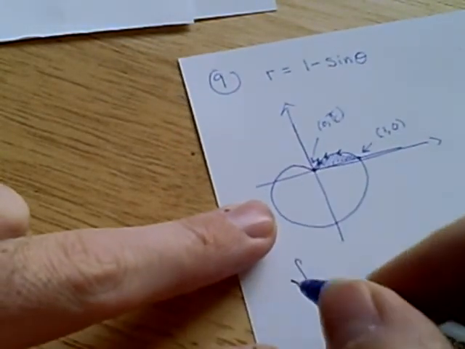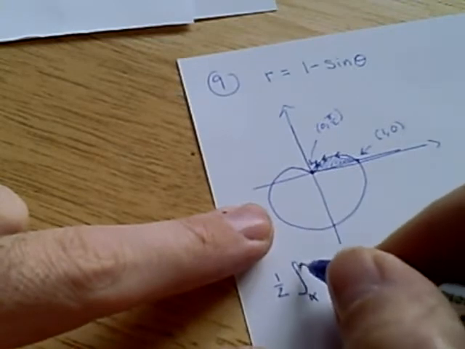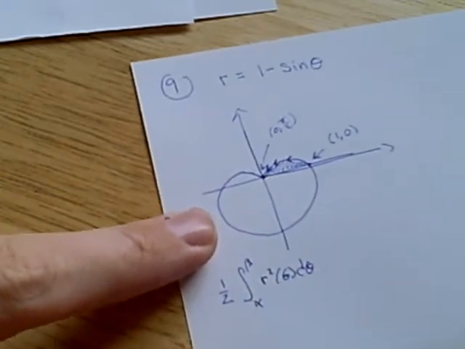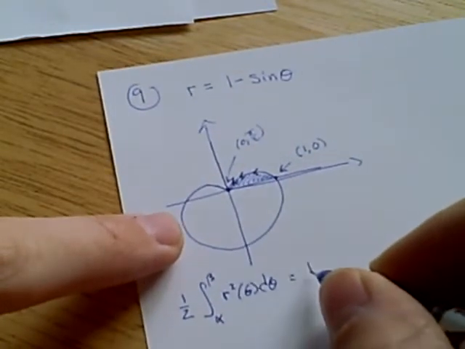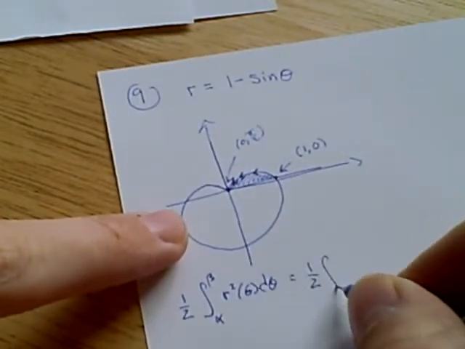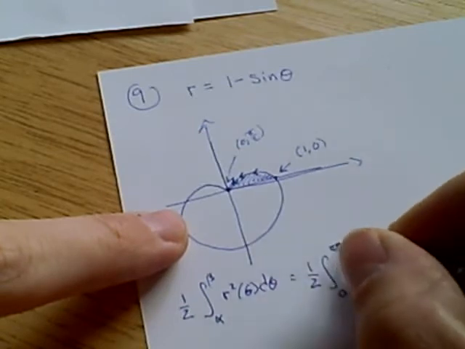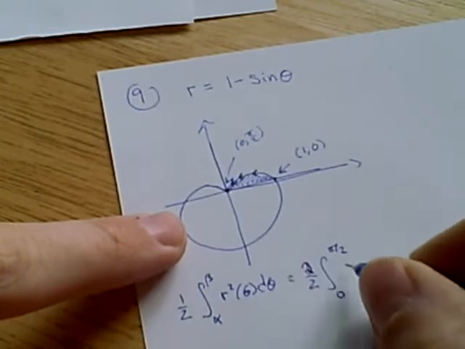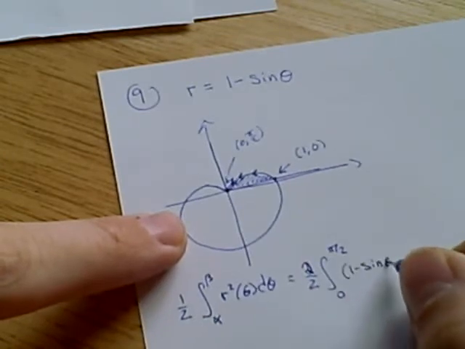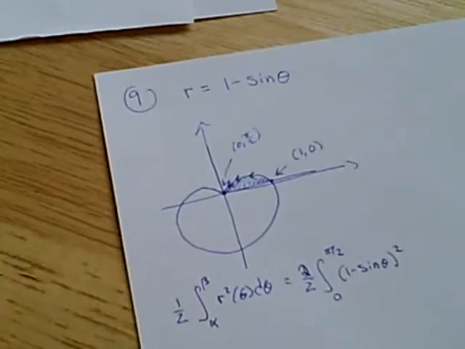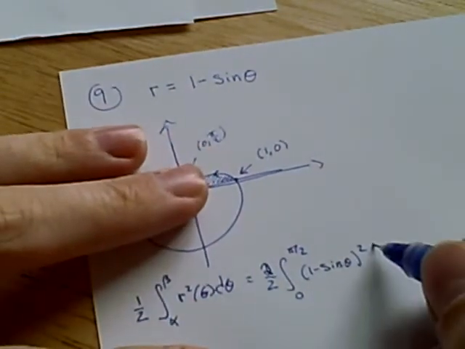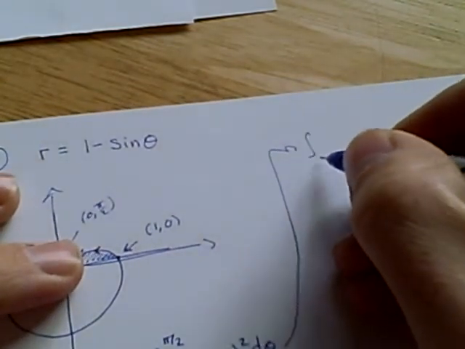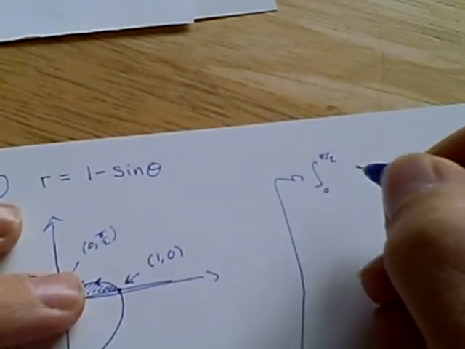So my integral is 1/2, again, integral from alpha to beta of r squared of theta d theta, which in this case is 1/2 integral from 0 to pi over 2, although I'm going to double it, so it'll be a 1, of 1 minus sine theta squared d theta. So let's see, that's 0 to pi over 2. We can multiply this out.